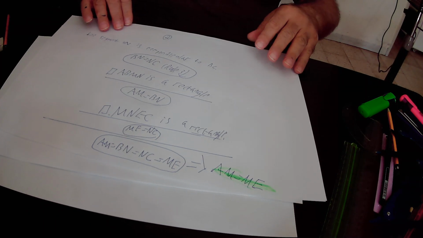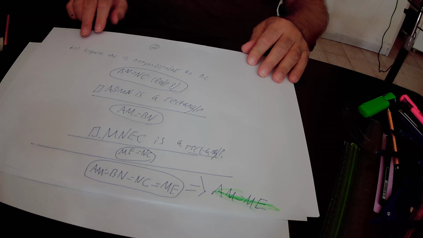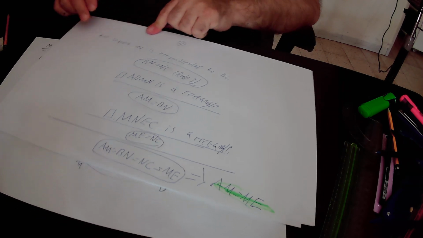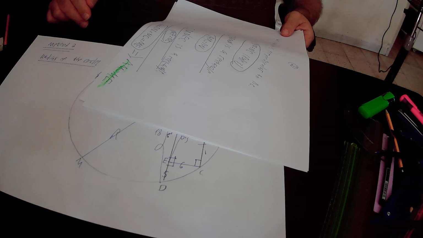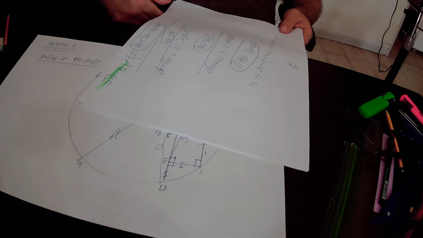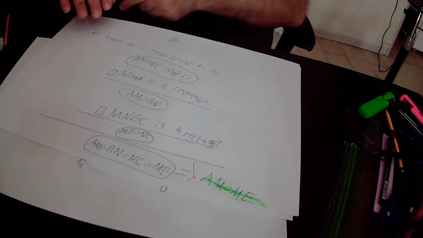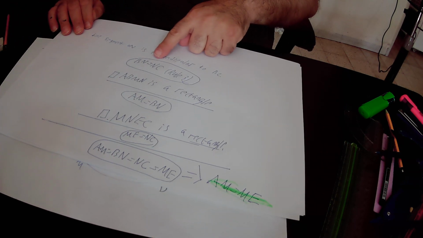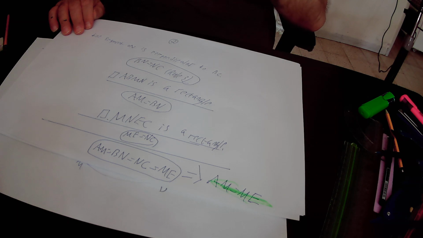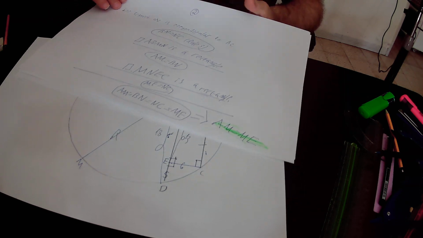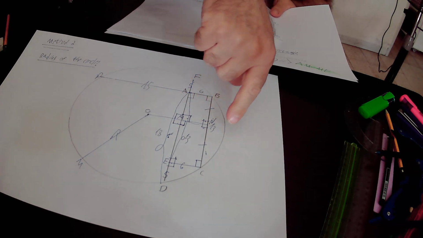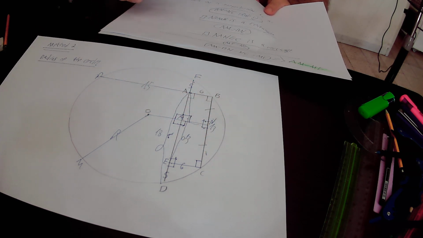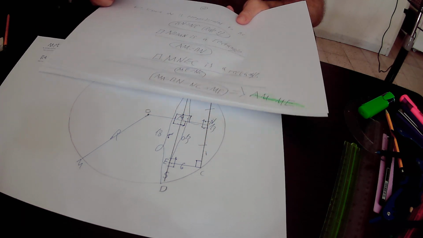Okay? Line segment ON, that is the perpendicular from the center, is perpendicular to BC, and therefore according to rule number 3, BN equals NC. Okay?